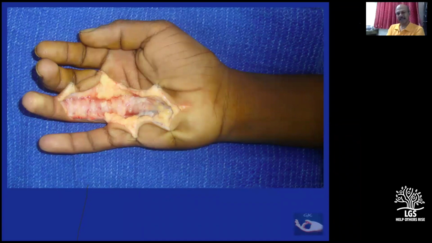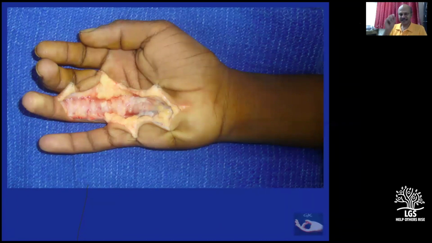Second, you find that there is some growth. It has grown for about say 3 centimeters. If it has grown, that is good. It is growing, we can wait, and it has grown to the extent that we expected. So again, I would wait.